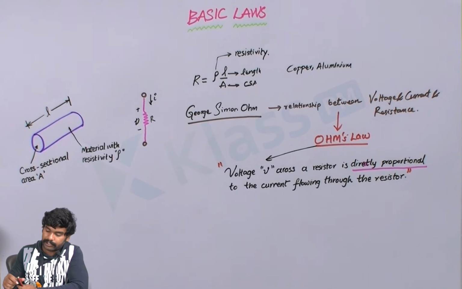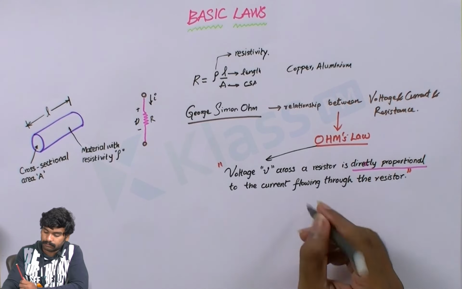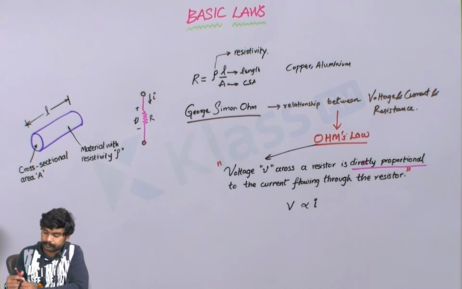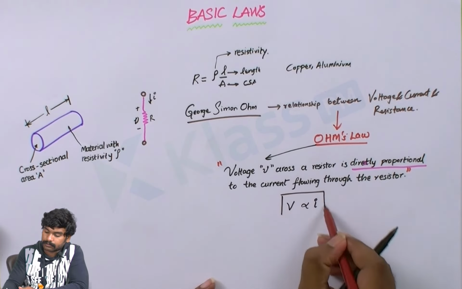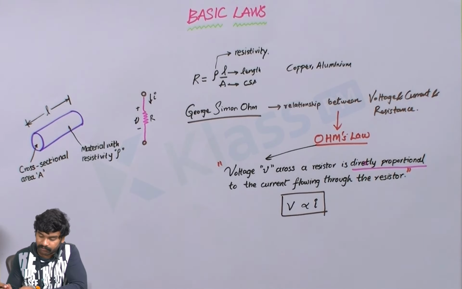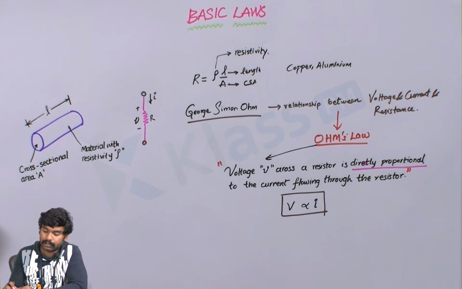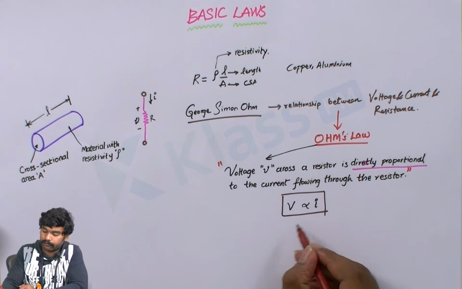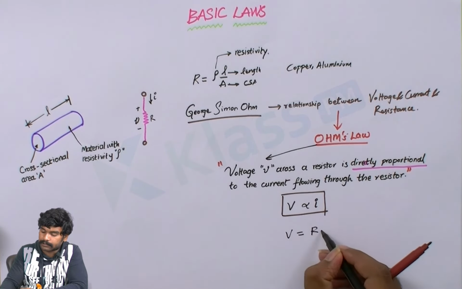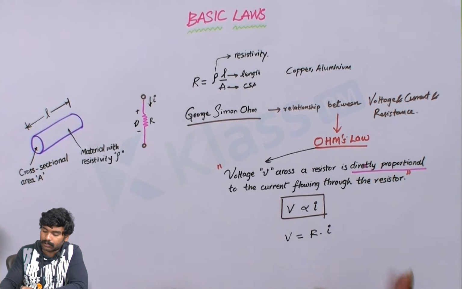When you write it down mathematically, voltage is directly proportional to current. Ohm defined a constant of proportionality called R. When it is included in the mathematical equation, this constant of proportionality is what is known as resistance.